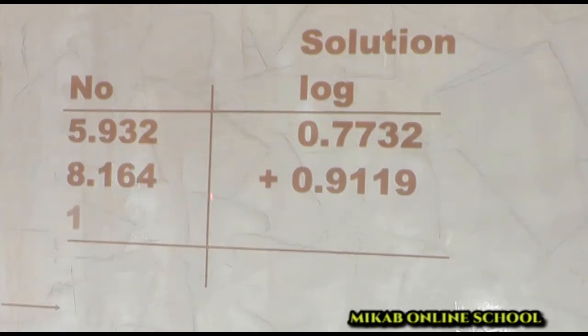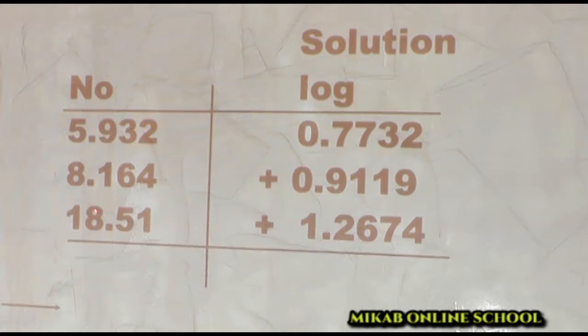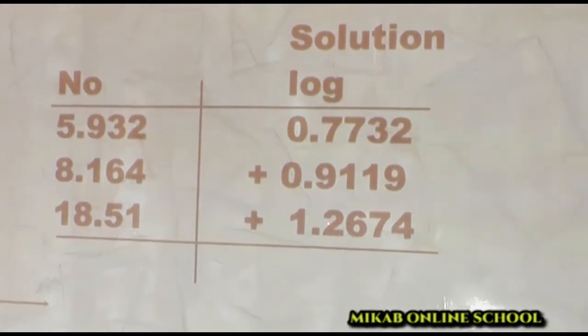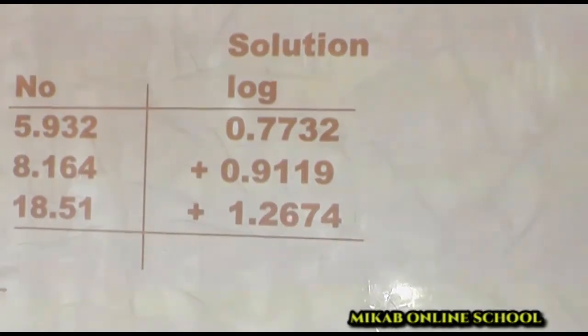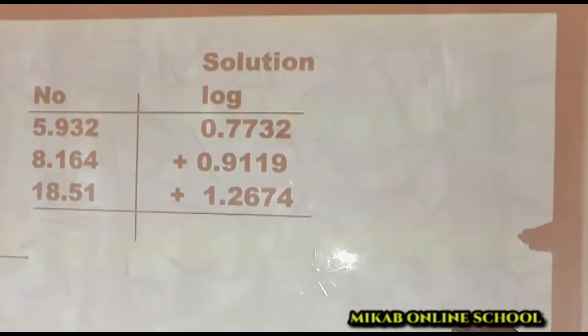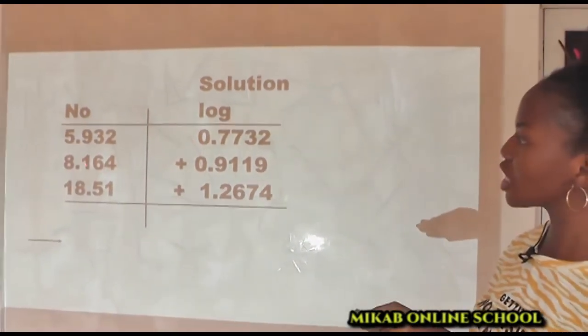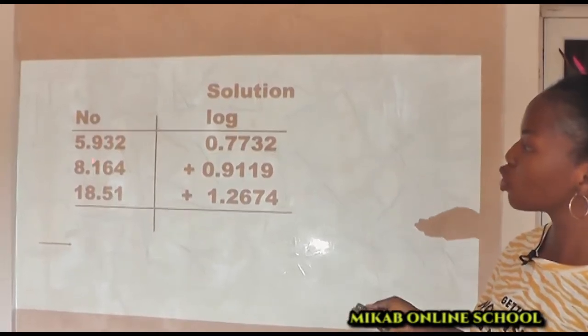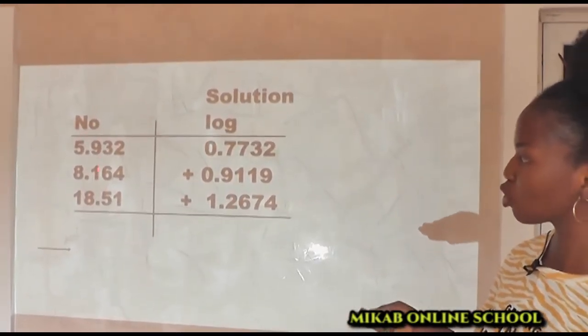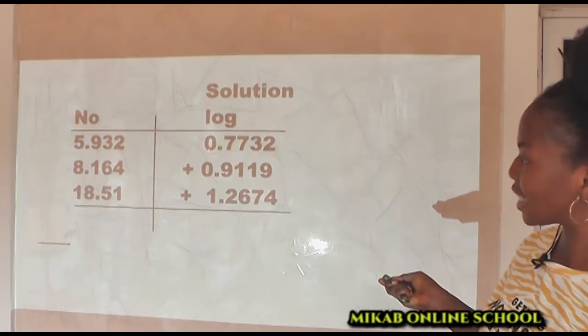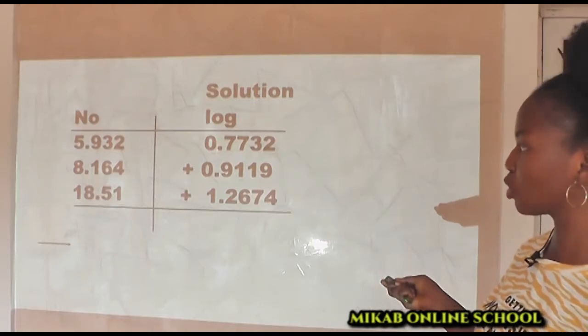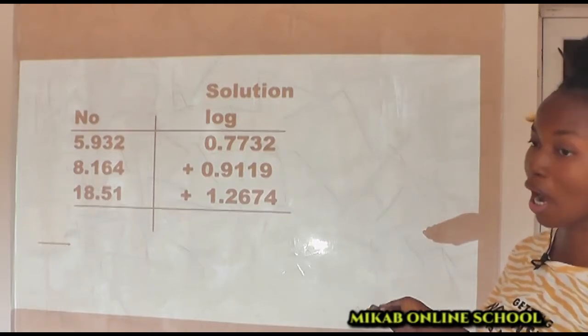So the third number we have is 18.51. We check 18 under 5, difference of 1, and we're going to have 1.2674. And mind you, since the connectivity between all these numbers is multiplication, we are going to be adding the powers. Remember, we said logarithm means powers.